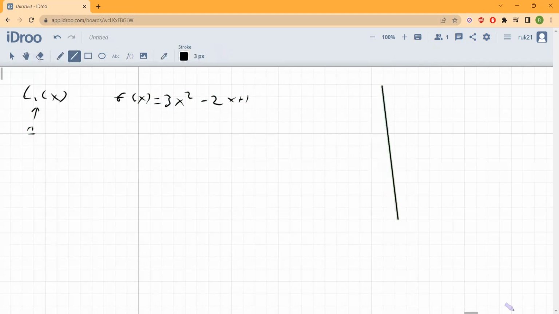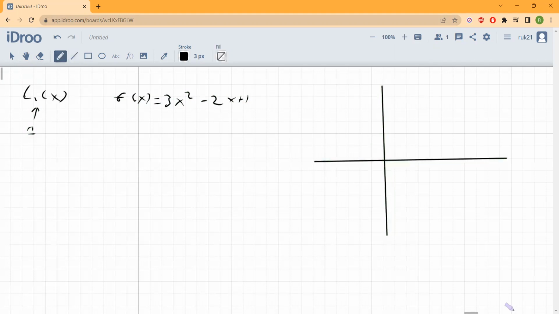So I'm going to draw a graph right over here, and let's say we have some sort of function. So there you go, we have some sort of function, perfect.